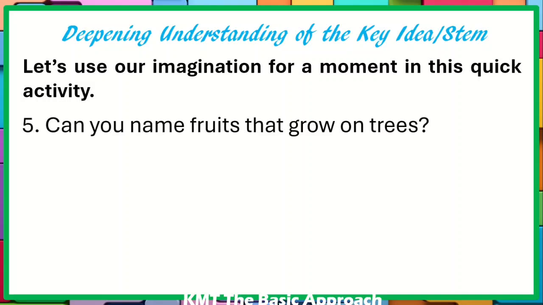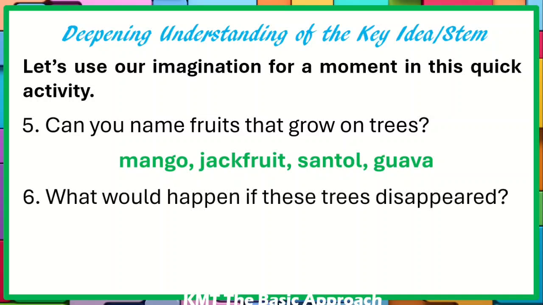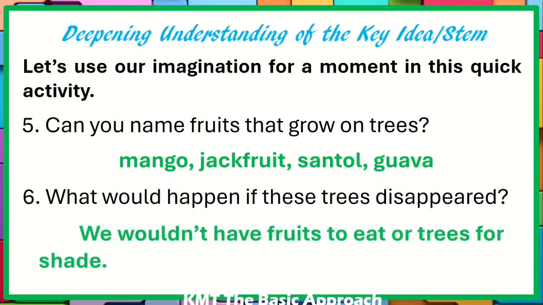Can you name fruits that grow on trees? Correct! Mango, jackfruit, santol, guava. Number 6. What would happen if these trees disappeared? Very good! We will not have fruits to eat or trees for shade.